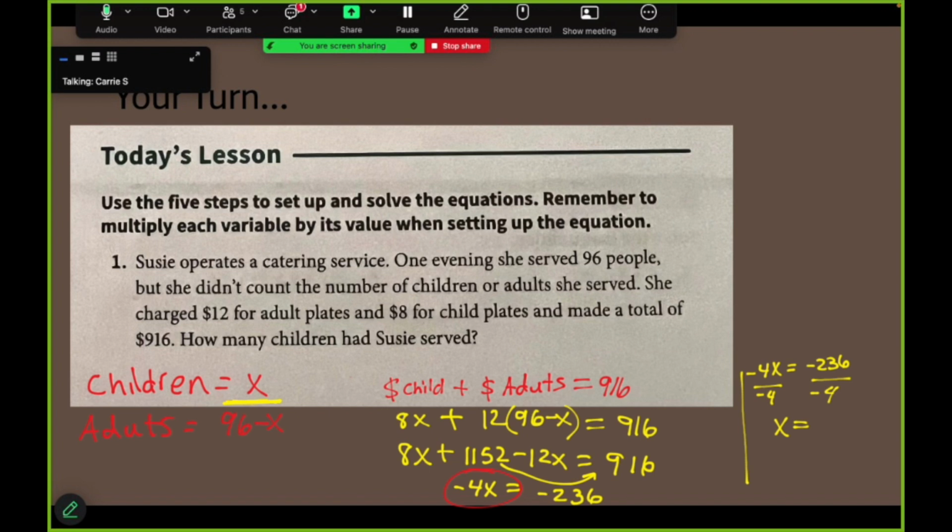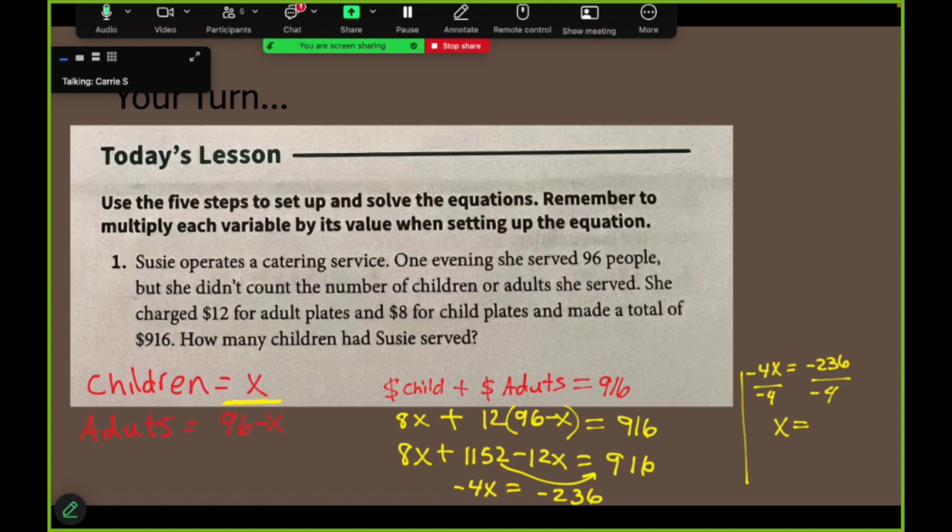Because if I divide by a negative, and if this side over here is not negative, I will get a negative answer, and there's no way we're going to have negative children. So I was a little nervous that we had done something wrong, but then when I realized that when I subtract this over here, I also get a negative, so everything turned out okay. So I have a negative 4x and a negative 236, and I divide negatives by negatives, and what did you guys get?